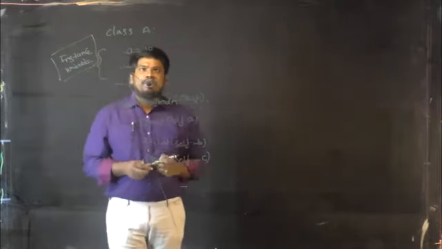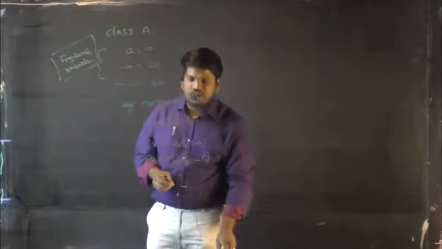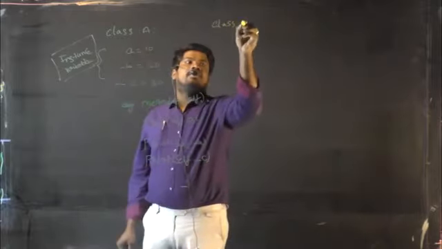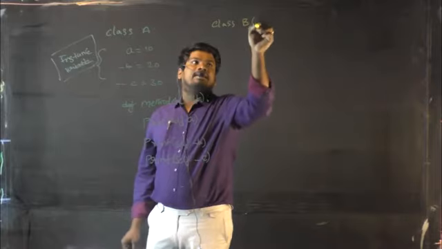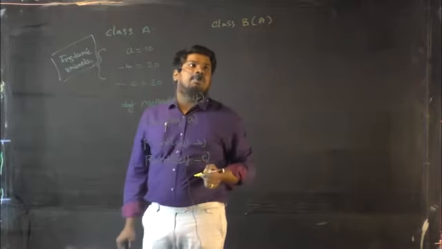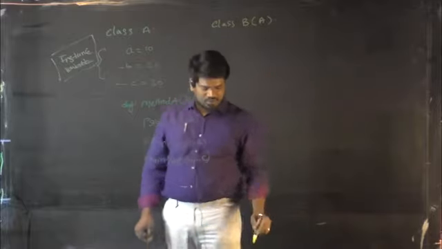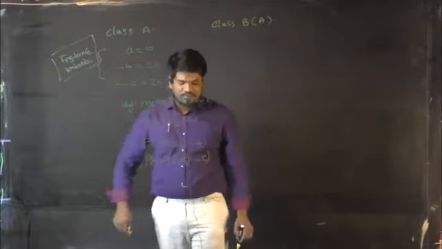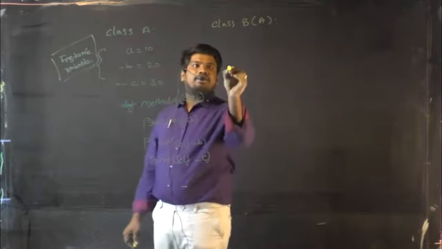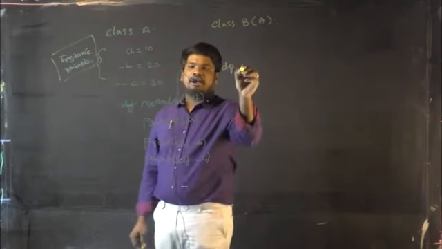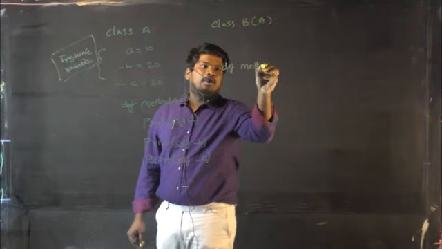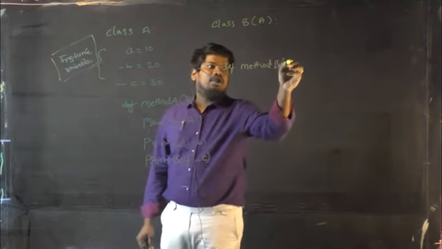Next I will take one more class B, and this class B is taking all the properties from class A. Here I am taking a method, def method of B, of self.